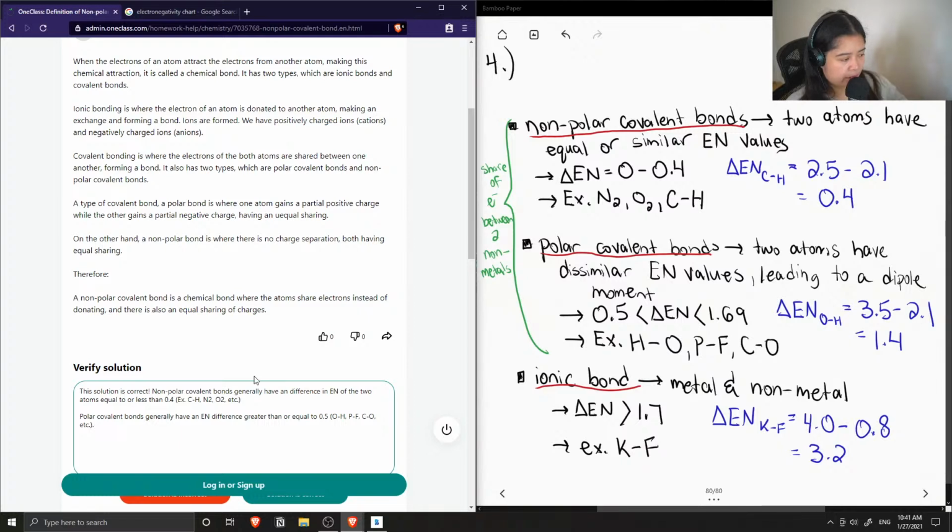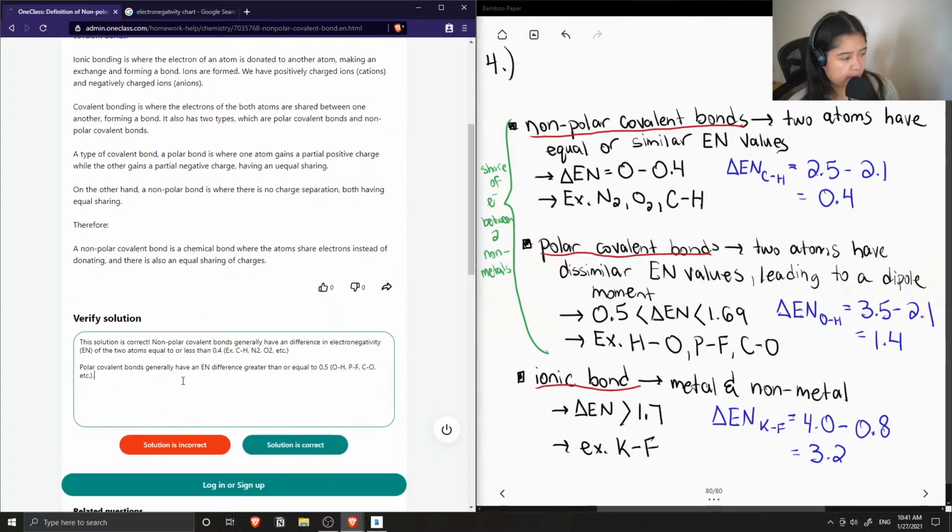Okay, so I just put some examples of what these differences in electronegativities might be. Maybe I should define EN. Okay, so this solution is correct.